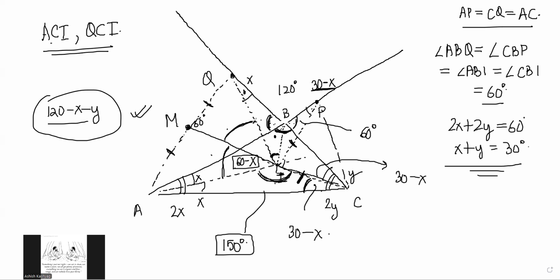And we know that angle AIC is 150, and we know this is 60. No, this is not 60, we don't know that. Can we get the value of AIM?